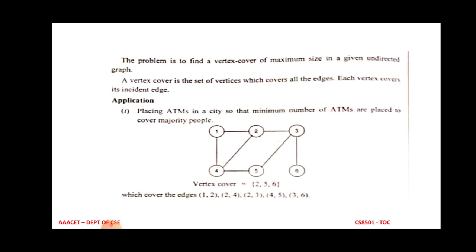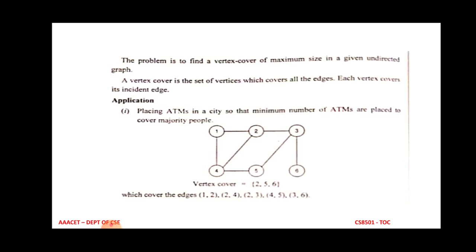So here the vertex 2 covers the edge 1 comma 2. 2 is connected with 1, so we can write 1 comma 2, and also 2 is connected with 4, so we can write the second pair 2 comma 4. And vertex 2 is connected with vertex 3, so the third pair is 2 comma 3.